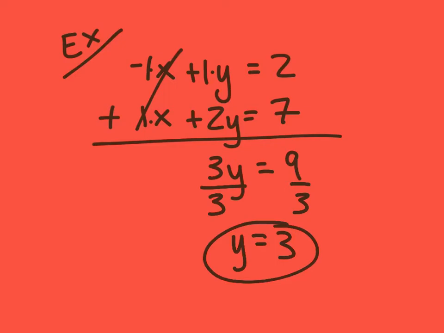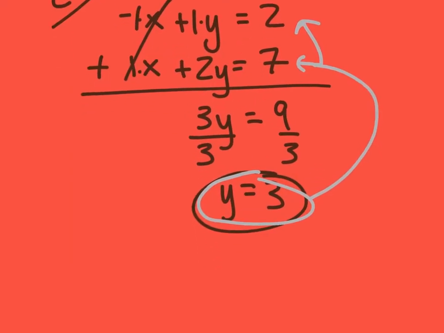Now, the next thing I want to do is solve for x. So I want to take this number and substitute it back into either one of my equations, and it doesn't matter which one. I'm going to choose the bottom one because that doesn't have any negative numbers in it.